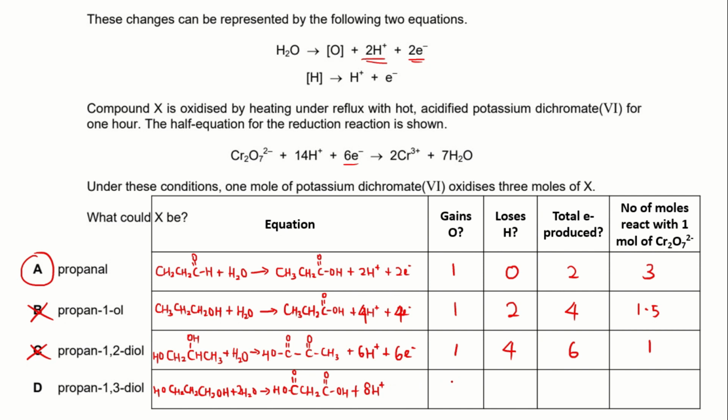So 2 oxygen were gained, 4 hydrogen atoms were lost, 4 electrons from here, 4 electrons from the 4 hydrogen atoms. So altogether 8 electrons. So 0.75 moles of propan-1,3-diol will react with 1 mole of potassium dichromate(VI). So D is not the answer.